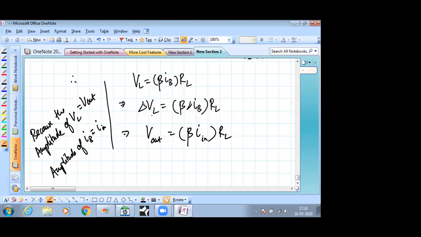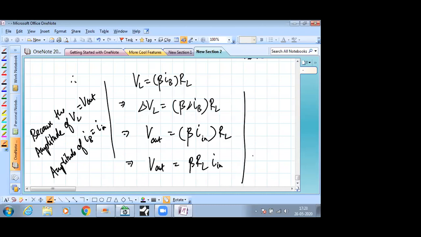So if I replace this delta VL with one full amplitude, and then correspondingly, the change in IB will become the amplitude of the input current at that point in time. So that is I input. So we can see that V output is beta RL times I input.